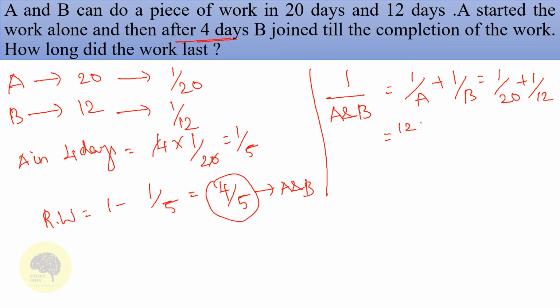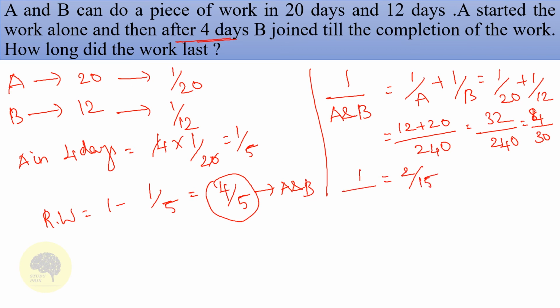Therefore 12 plus 20 divided by 240. Therefore 32 by 240. By simplifying this we will get 4 by 30 or 2 by 15. Therefore 2 by 15 amount of work can be done by A and B together in 1 day. Therefore A and B can do the work in 15 by 2 days.